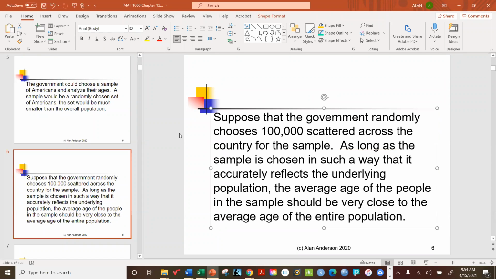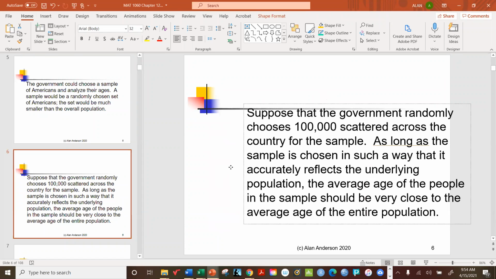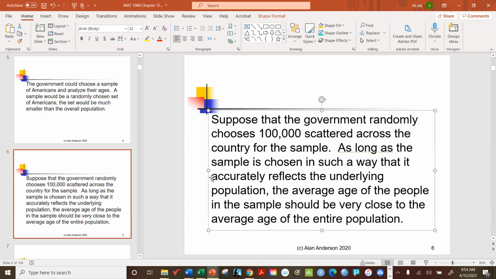Okay, but the key here is this. As long as the sample is chosen in such a way that it accurately reflects the entire population, then the results should be very good. There's no reason why the number that we find in our sample should be way off from the actual population.